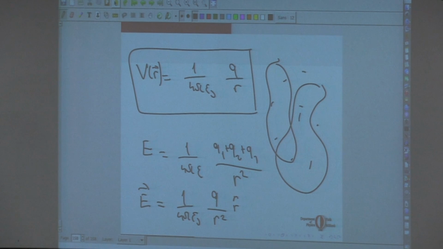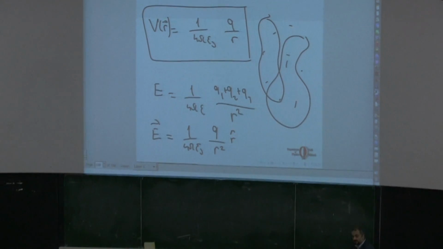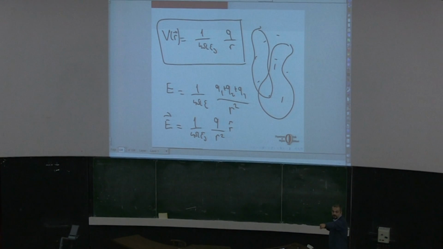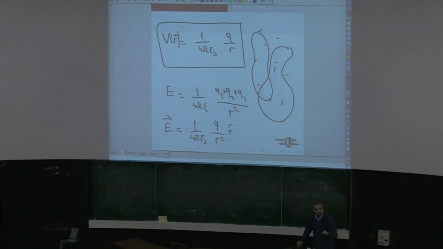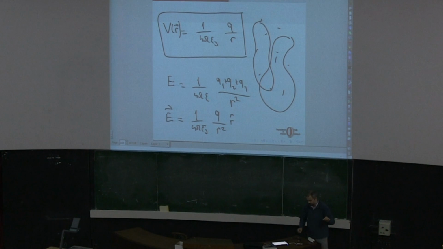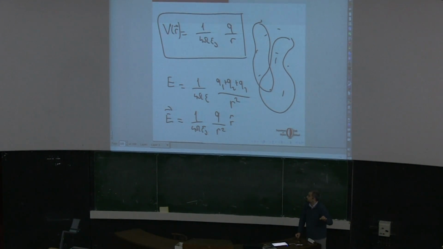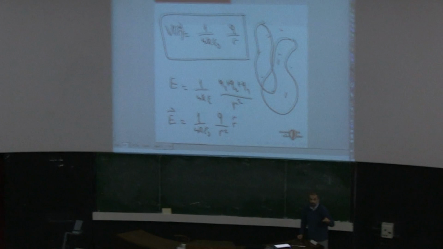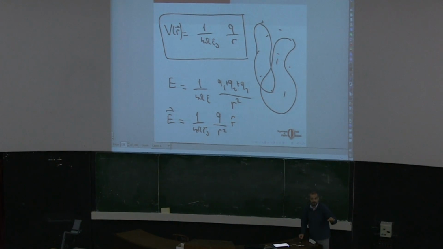The field is in this direction. Then this other charge will create an electric field at this point, whose magnitude will be 1 over 4 pi epsilon 0 Q over this distance squared, in that direction. So you have a vector pointing in one direction and another vector pointing in the other direction, whose magnitudes are different. You have to add these two vectors vectorially.